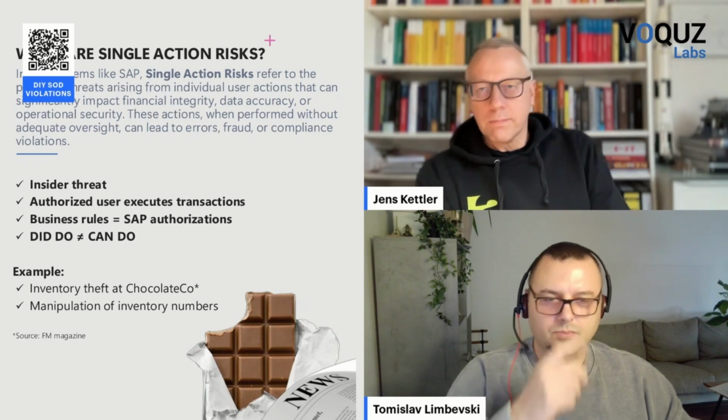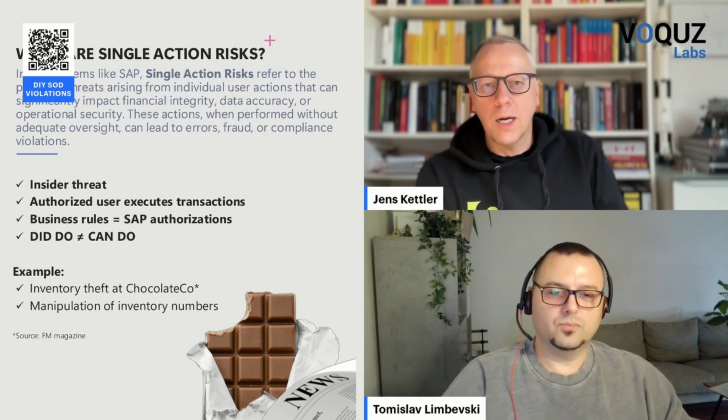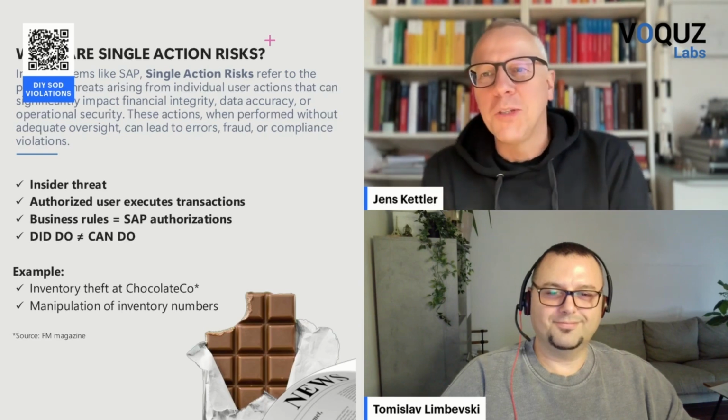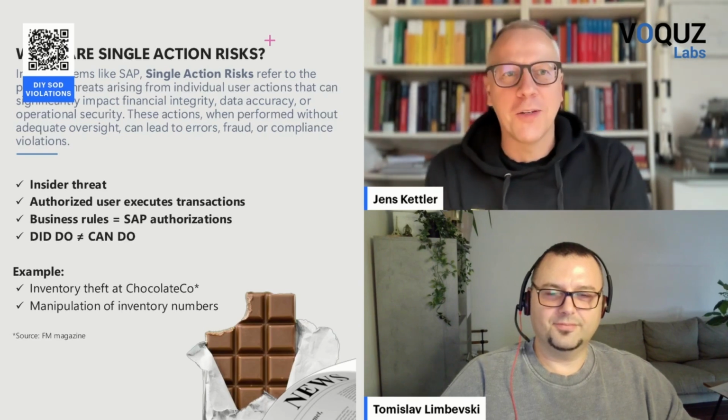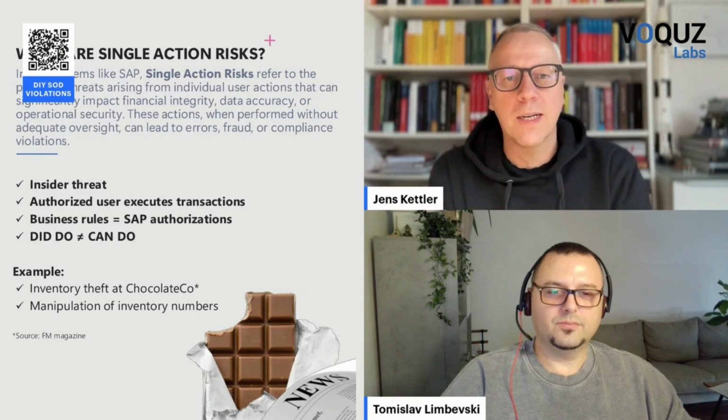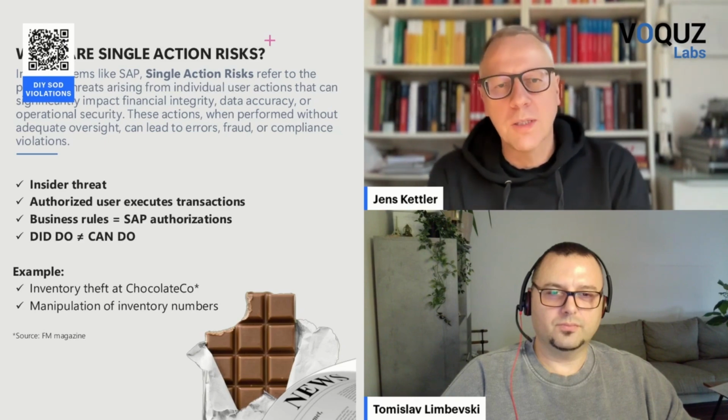And actually, we have a link to a blog article up there. Do-it-yourself SOD violations. If you scan the QR code, you can jump to that blog article that summarizes what we discussed. What Tomislav showed is how you can use the SAP Query Viewer to analyze on a document level whether a user violated an existing SOD rule.